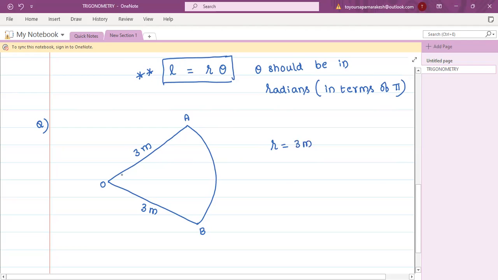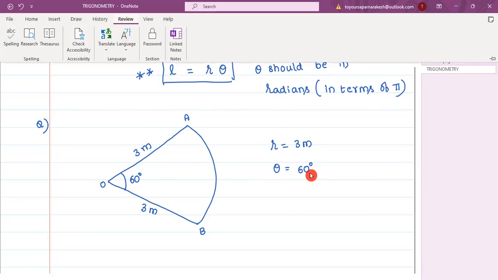Then theta is given as 60 degrees. But I told you already, theta always we have to express in radians.